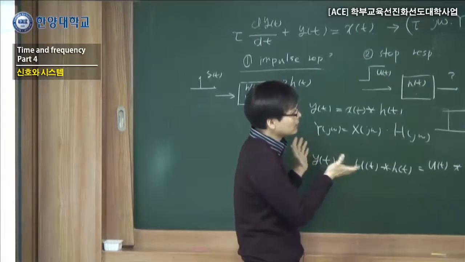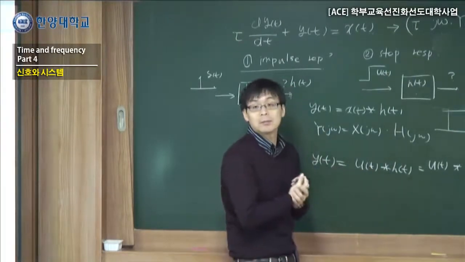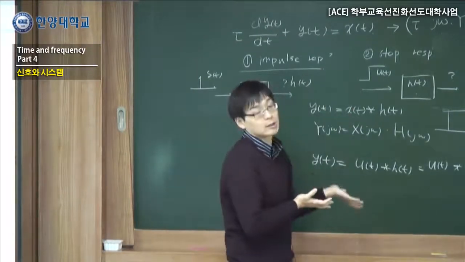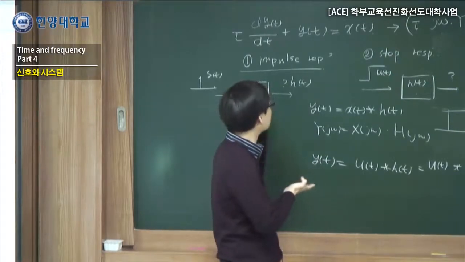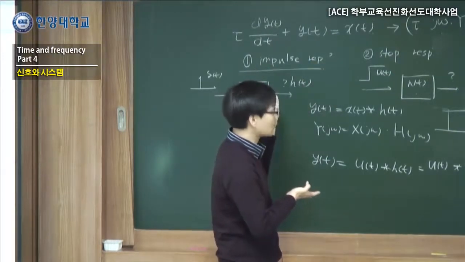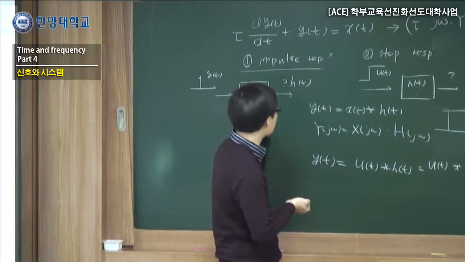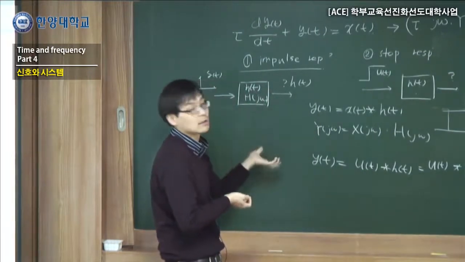I think you may have seen some of the equations in other classes beforehand, but this is how we derive it, using our Fourier transform, the knowledge about the linear time invariant system, and the knowledge about step response and impulse response, or system response.